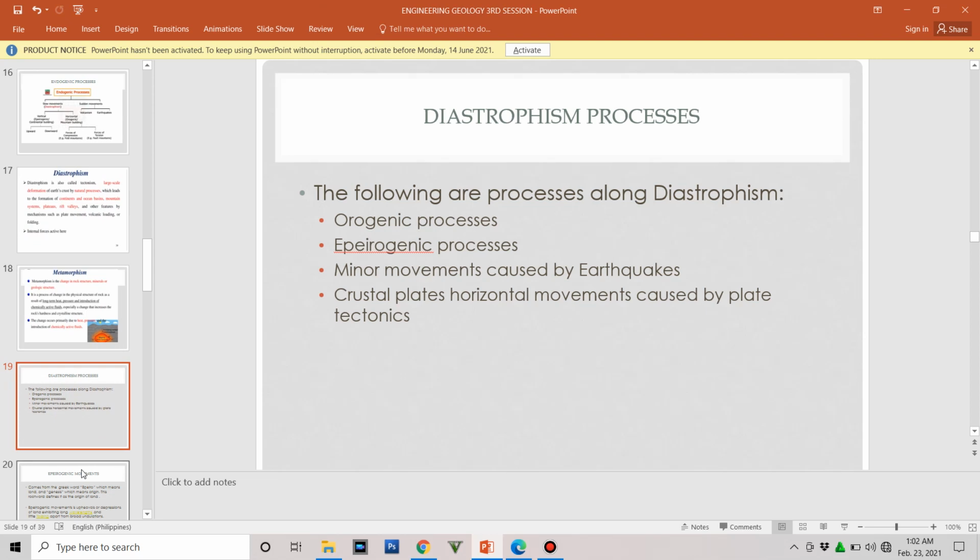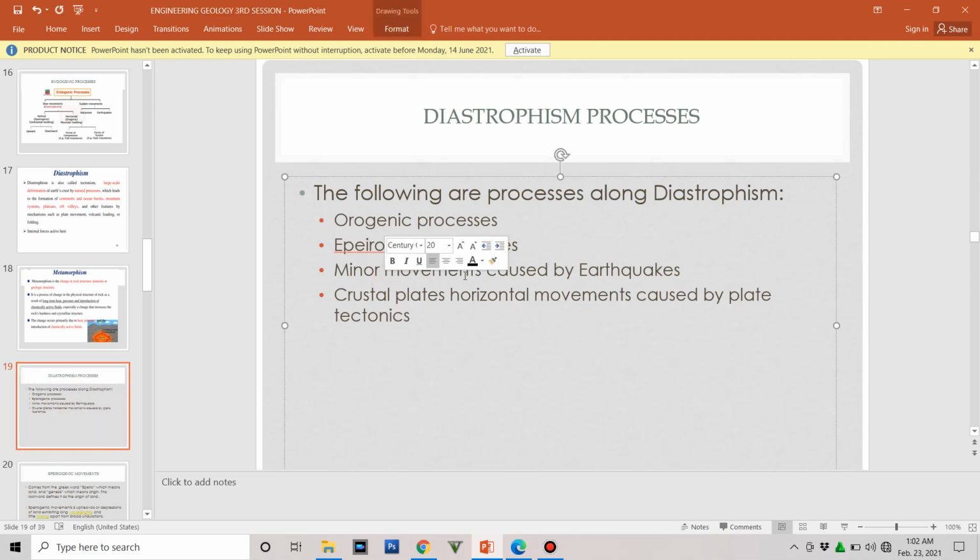Kasi nga sinabi natin na yung endogenetic are a slow process. Okay? So we have included here minor movements. Kasi kung yung earthquake is a major movement, that will be catastrophic in nature. Okay? So the consideration in diastrophism here is just a minor movement caused by the earthquakes.